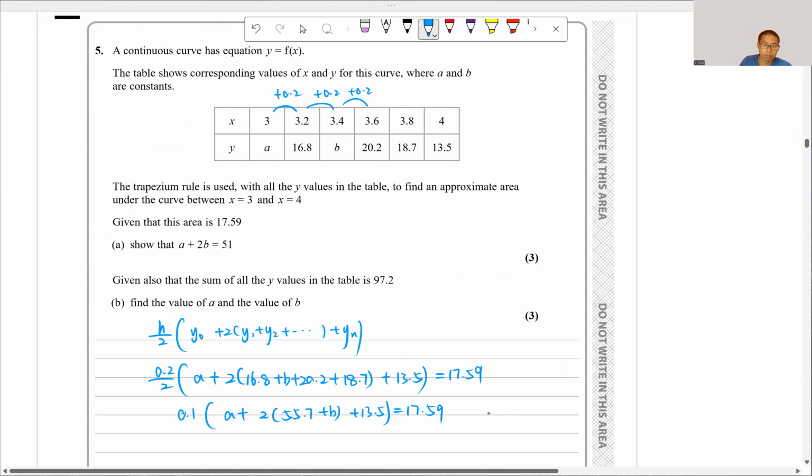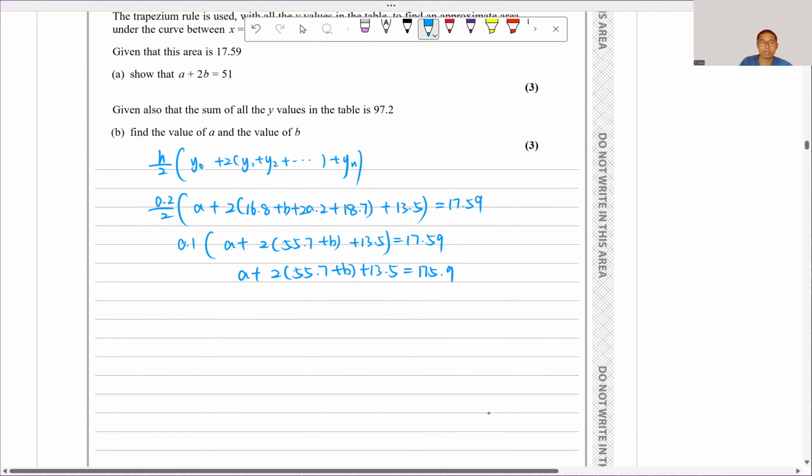So we have a plus 2 times (55.7 plus b) plus 13.5 equal to 175.9. Okay. Continue to expand the brackets. a plus 2 times 55.7 will be 111.4 plus 2b plus 13.5 equal to 175.9.